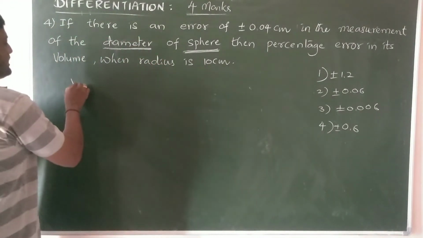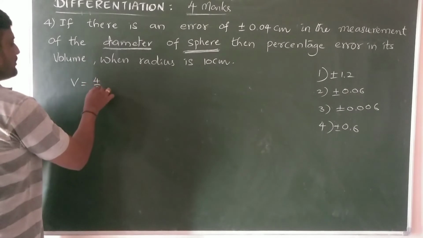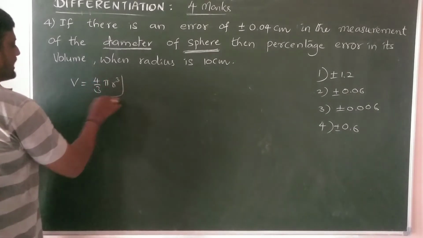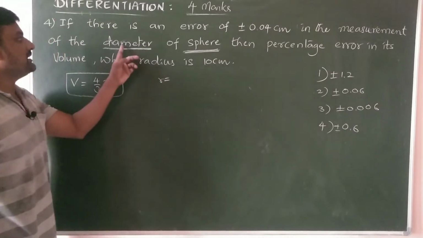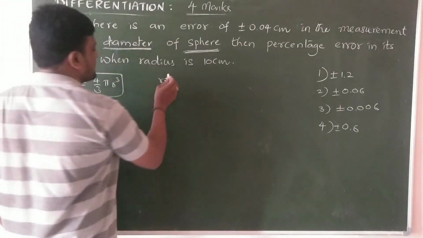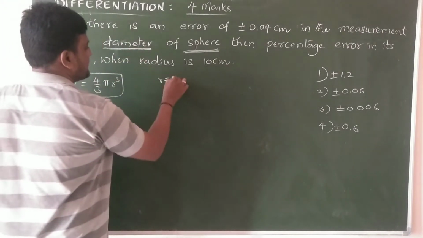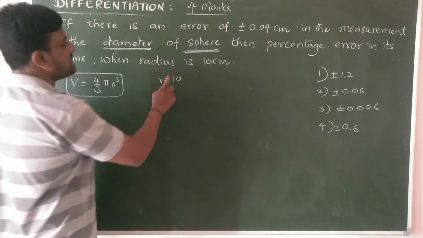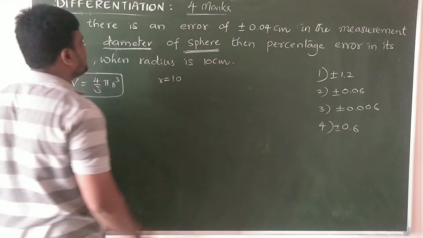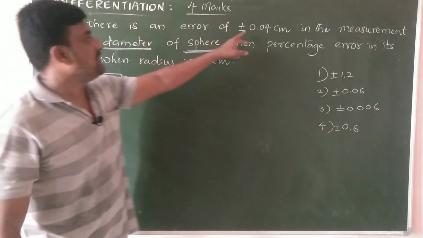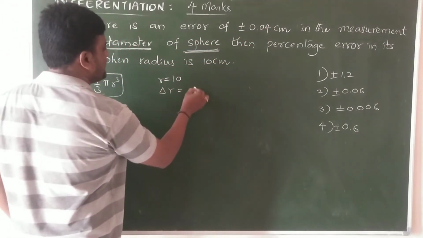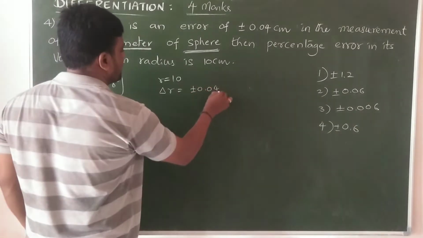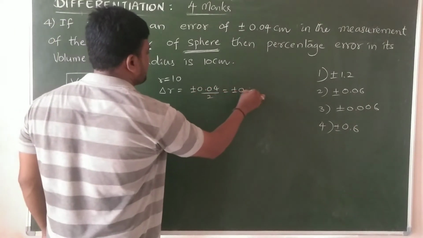We know the volume of a sphere is 4 by 3 pi r cube, where r is the radius. But only diameter is given, and the radius is given as 10 centimeters, and the error of diameter is plus or minus 0.04, then error of radius should be plus or minus 0.04 by 2. Yes or no? Plus or minus 0.02.